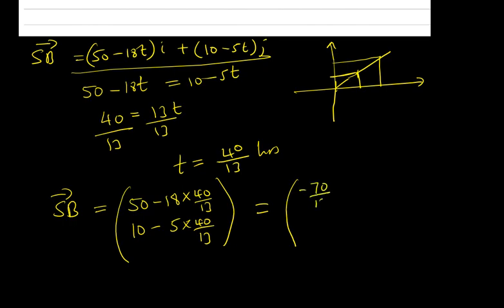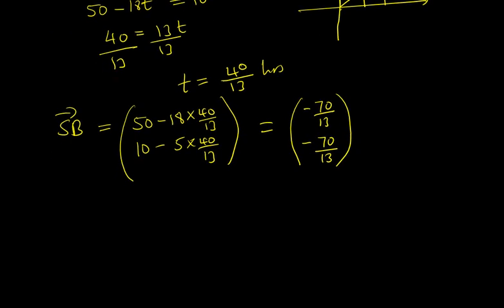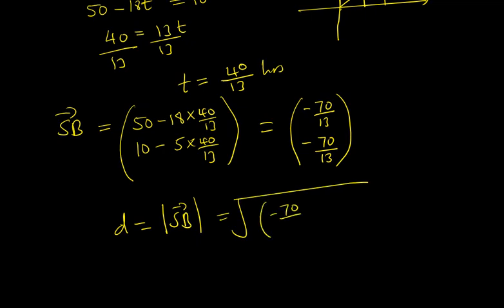The i component must be equal to the j component, and therefore to get that distance d, we have to do the modulus of SB, which is going to be the square root of negative 70 over 13 squared plus negative 70 over 13 squared, or simply you can just do 2 times negative 70 over 13 squared. It's allowed, it's okay.